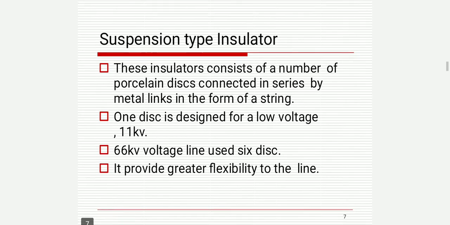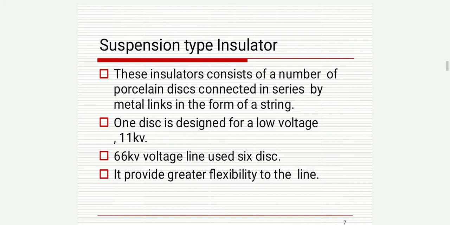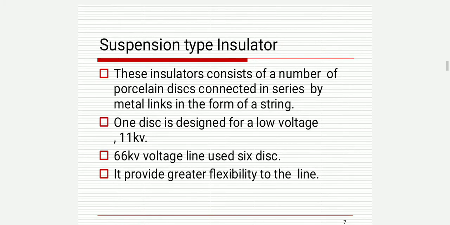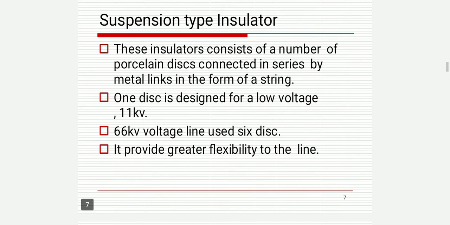Coming to the next type of insulator, that is the suspension type insulator. This type of insulator can be used both for transmission and for distribution. It consists of a number of discs connected in series, where the capacity of each disc is only 11 kilovolts.